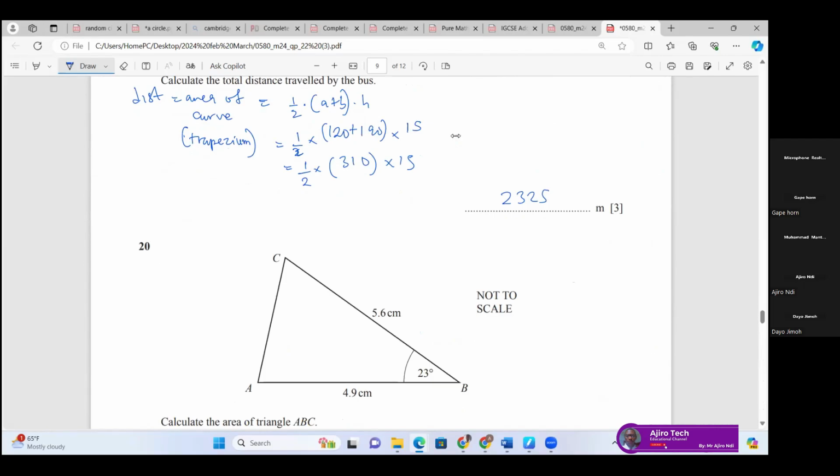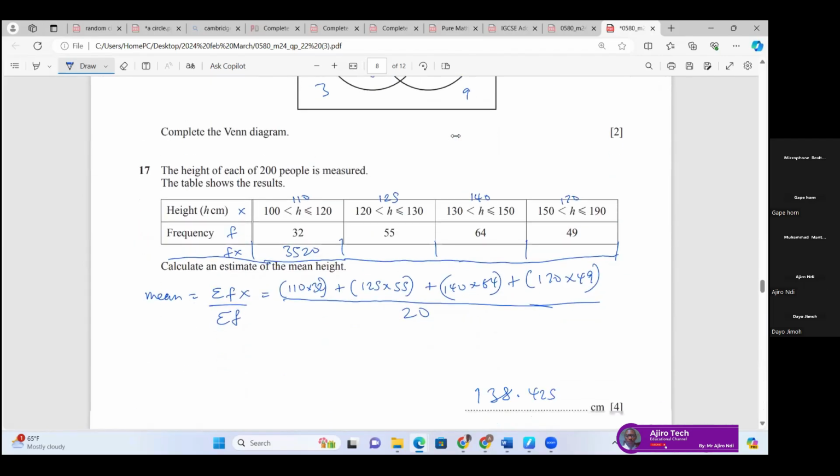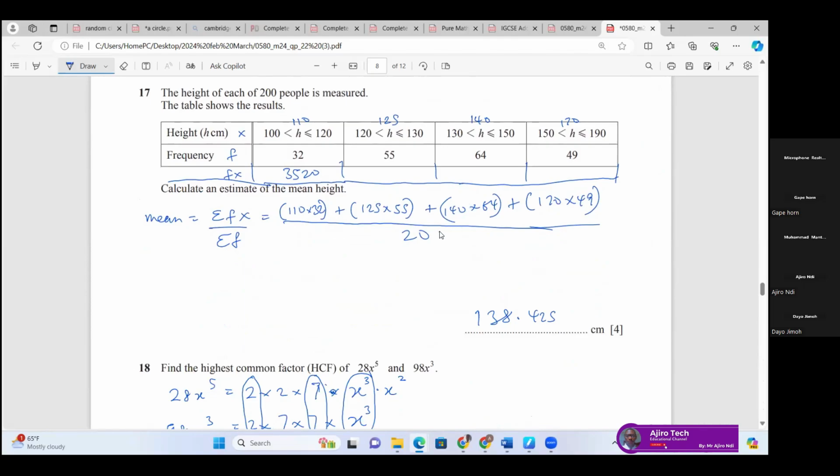Oh, sorry. Divided by 200. On my calculator, this is the answer divided by 200. Now, look at this answer, it is more than the lower boundary and less than the upper boundary. So, by dividing by 20, I would have got 1380 or 1384, which would be wrong.